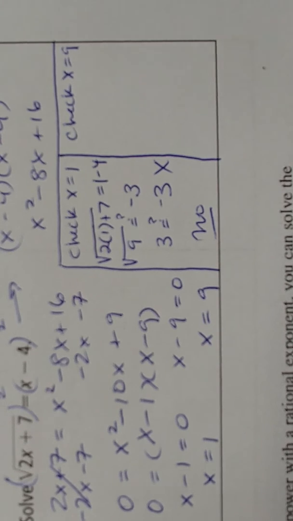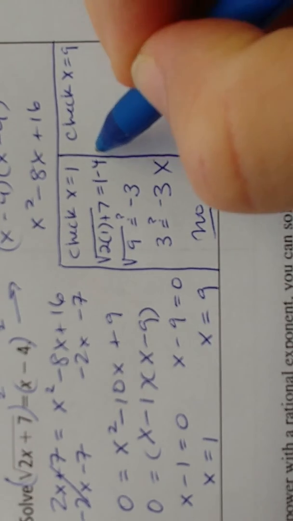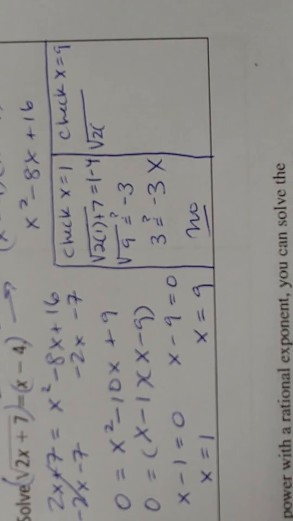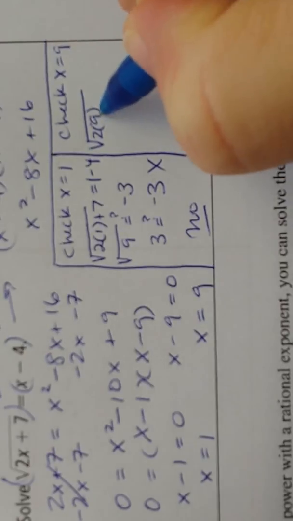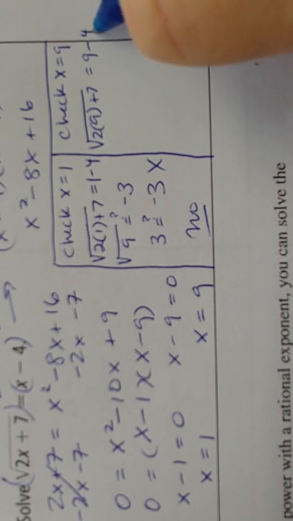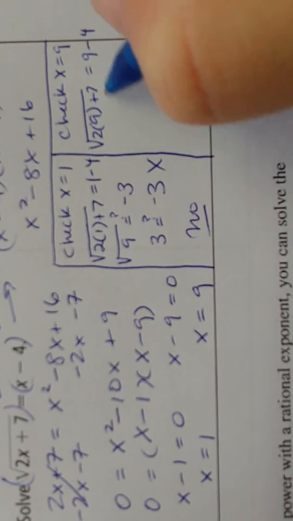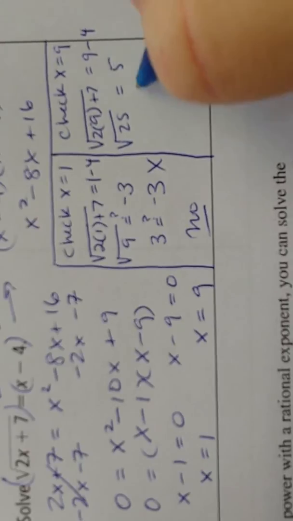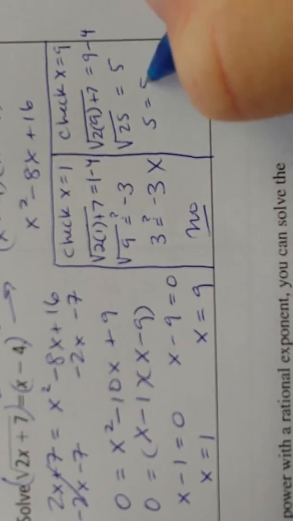Now we're going to check x equals 9. 2 times 9 is 18 plus 7 is 25. And 9 minus 4 is 5. Radical 25 is 5, and 5 equals 5.